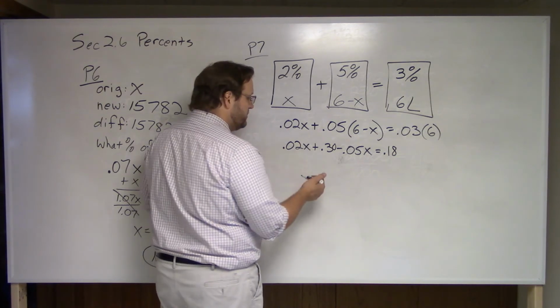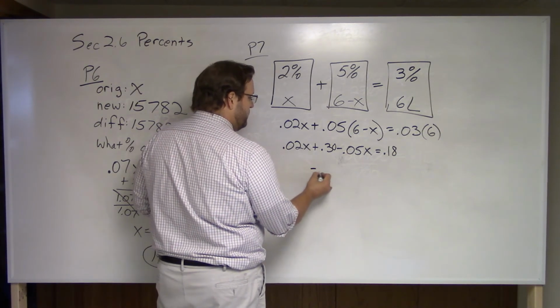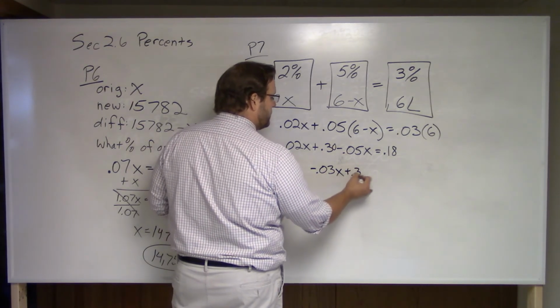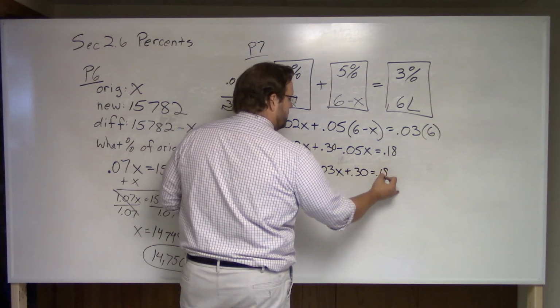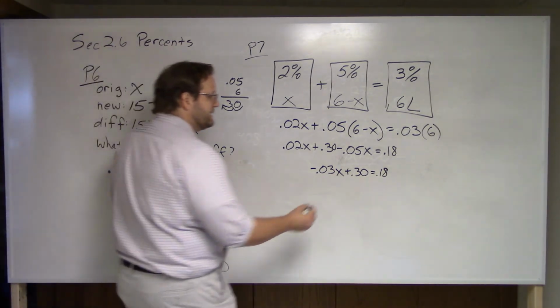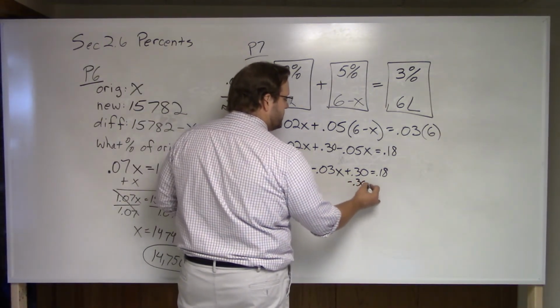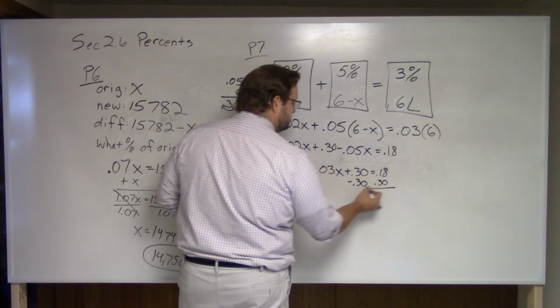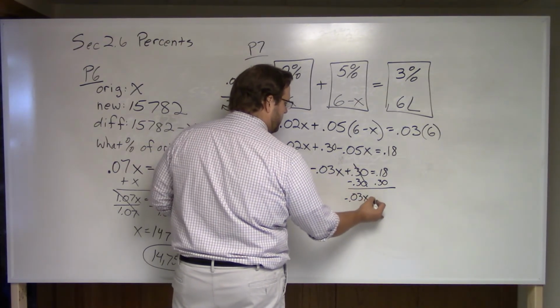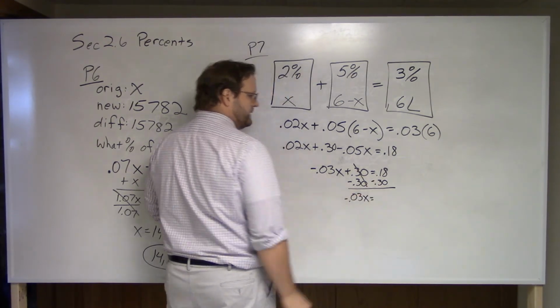Next, I've got 0.02 minus 0.05. I'm combining like terms. So I've got negative 0.03x plus 0.30 equals 0.18. I subtract 0.30. Oops, minus sign there.